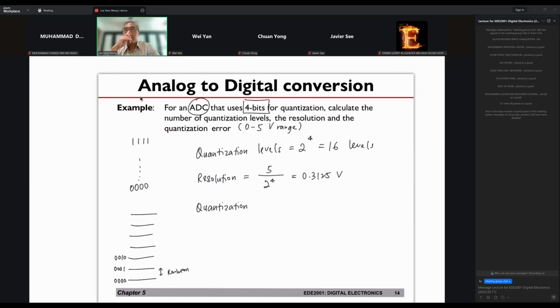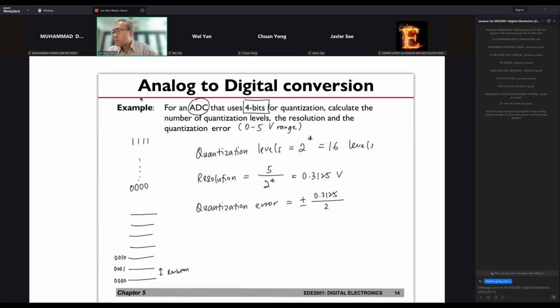You can't be exact unless you have an infinite number of levels. Otherwise, you will not be able to represent an analog signal exactly, so there will be some estimation, and that error we call quantization error. It is plus minus the resolution divided by 2.